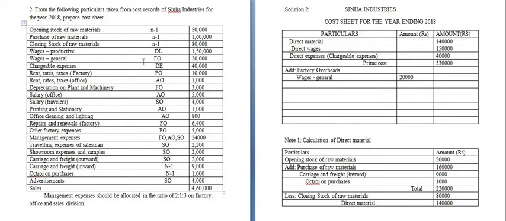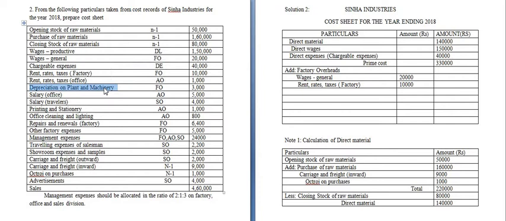Now again check where we have written FO: rent, rates, taxes. In the bracket they have given factory, right? So write it here. Amount is 10,000. Next, again check where we have written FO: depreciation on plant and machinery.